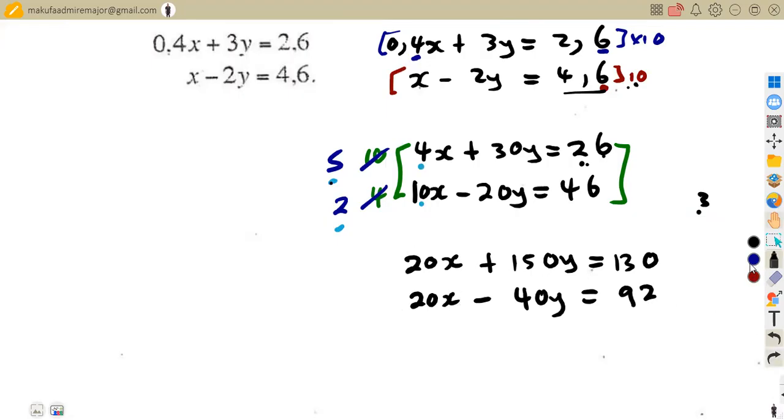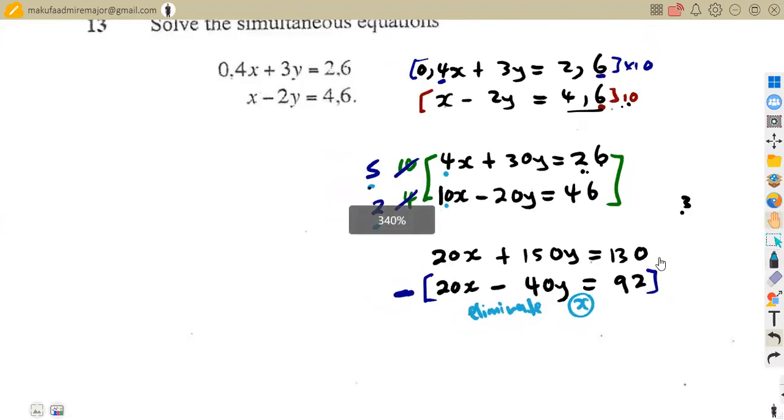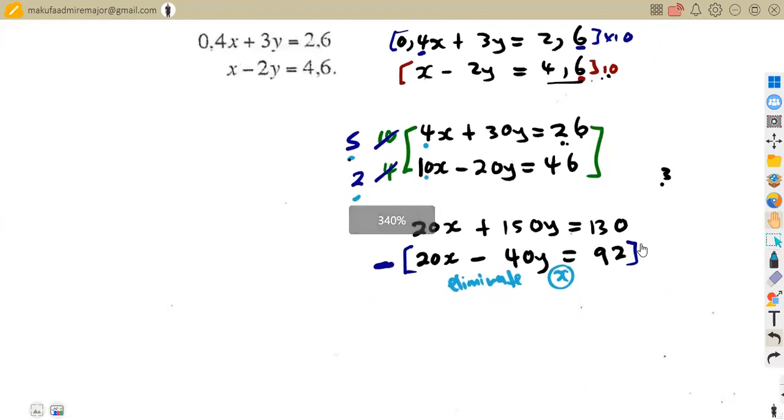Now you are supposed to eliminate x. How are you going to eliminate x from the first equation and the second equation? We can simply subtract. Since these two terms are carrying the same sign, 20 minus 20, that's a 0. So in order to eliminate x, you simply subtract, since these are carrying the same sign.